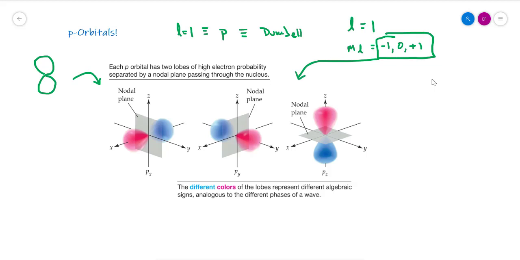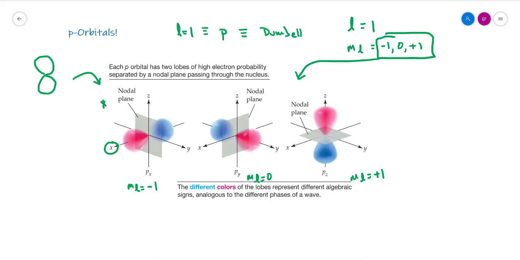So we could say that this is arbitrarily assigned. There's actually no correlation here, but we would just say that maybe this one is the -1, this one is the 0, and this one here is the +1. And all that means is that you can see that the 2 lobes in this first instance, in the m sub L equals -1, are pointed along the x-axis. That's one distinct spatial orientation.